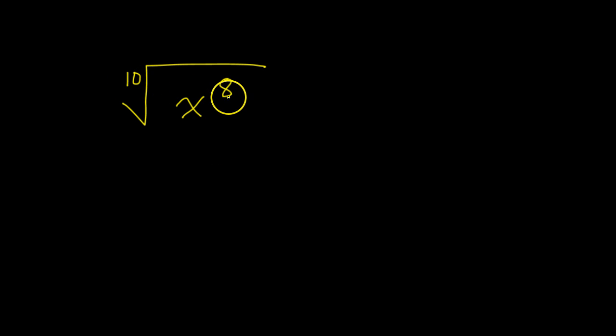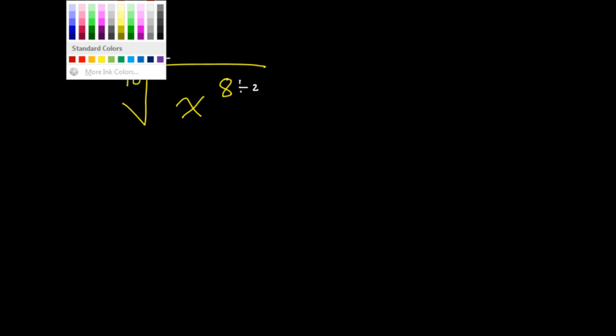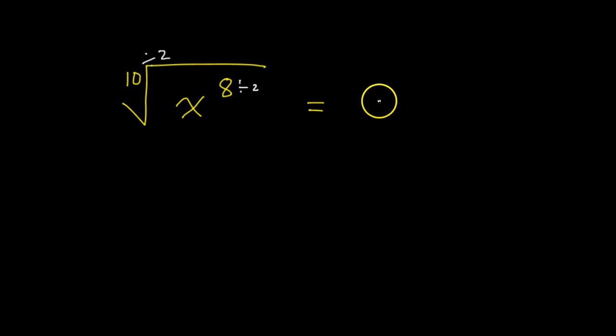Now 10 does not go into 8 evenly, but both of these are divisible by 2. So what I could do is divide both of these by 2, and this would turn out to be equivalent to the 5th root of x to the 4th power. You can reduce these. Okay, let's look at that one more time.